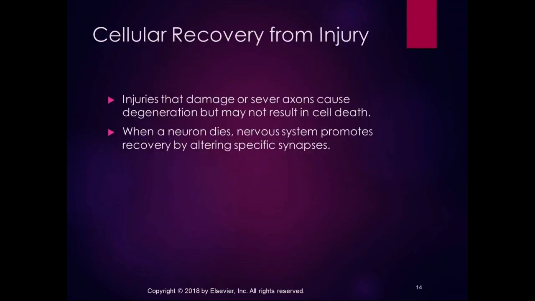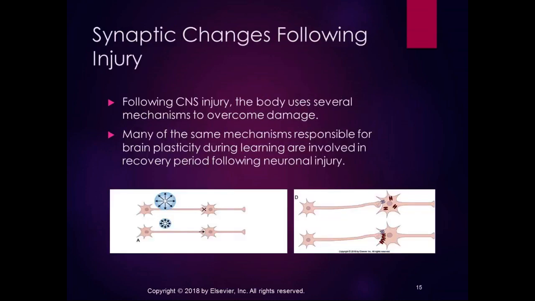In cellular recovery from injury, injuries that damage or sever axons cause degeneration but might not result in cell death. But when a neuron dies, the nervous system promotes recovery by altering specific synapses. Following a central nervous system injury, the body uses several mechanisms to overcome damage. A lot of the same mechanisms responsible for brain plasticity during learning are involved in the recovery period following a neuronal injury.